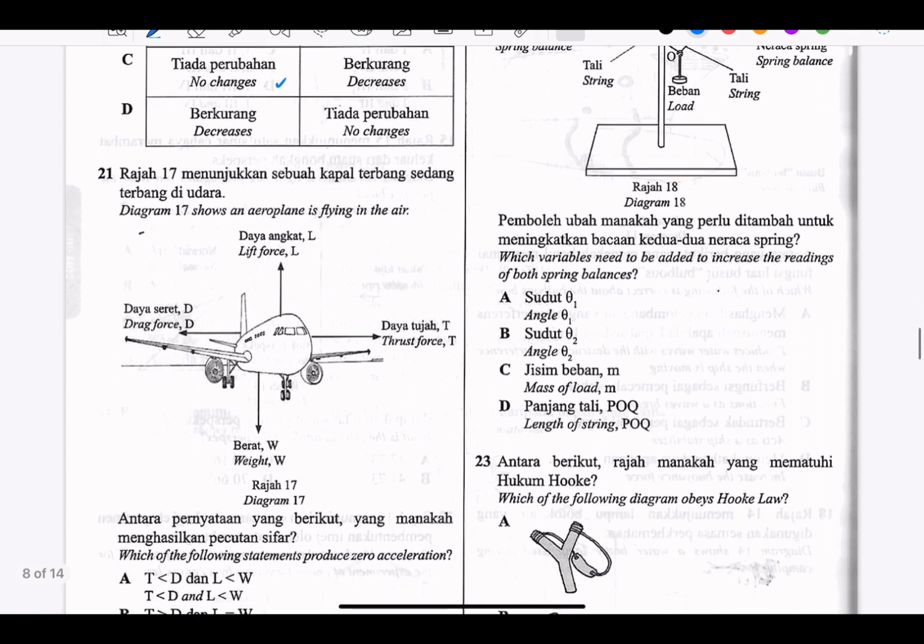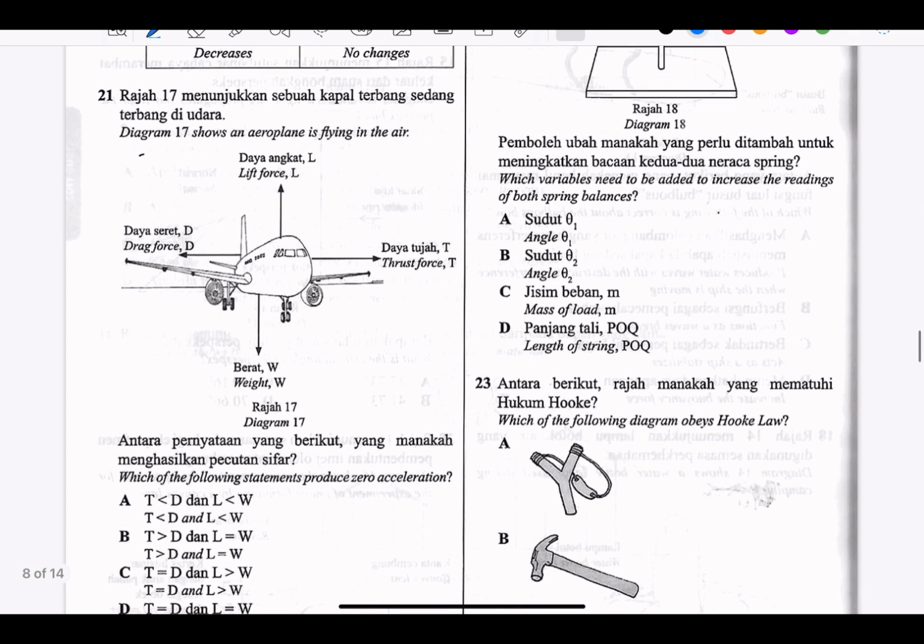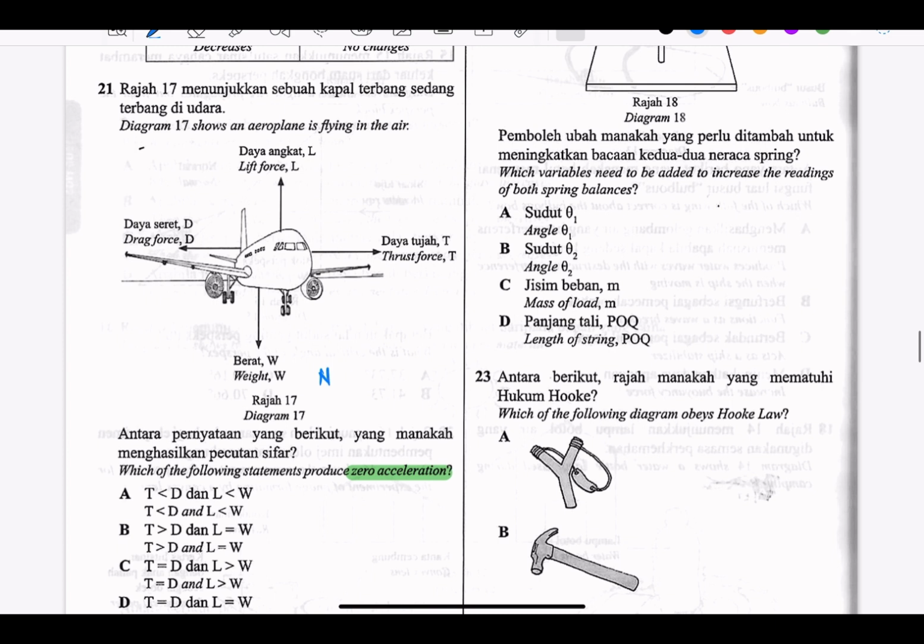I will continue with the questions. Question 21: an aeroplane flying in the air. Which of the following statements produces zero acceleration? For zero acceleration, the aeroplane must be under equilibrium of forces, so no net force.